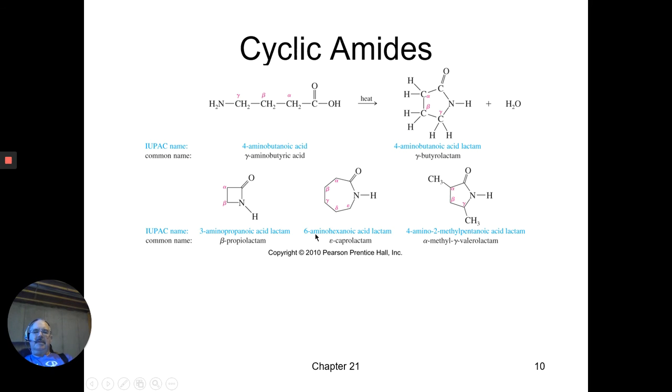This is 6-aminohexanoic acid lactam. And here we have 4-amino-2-methylpentanoic acid lactam. So if we split it here, make this a carboxylic acid, we've got 1, 2, 3, 4, 5. So that's where we get the pentanoic acid. And then there's a methyl on 2.